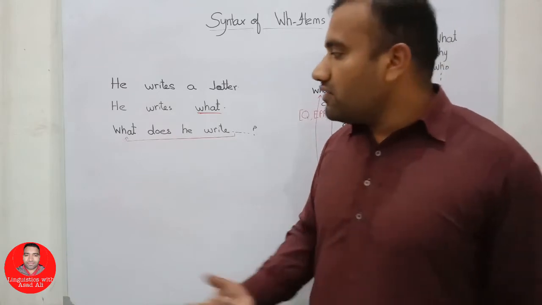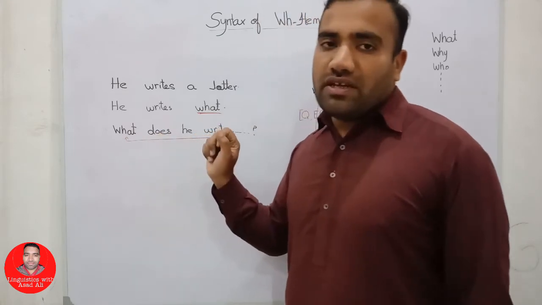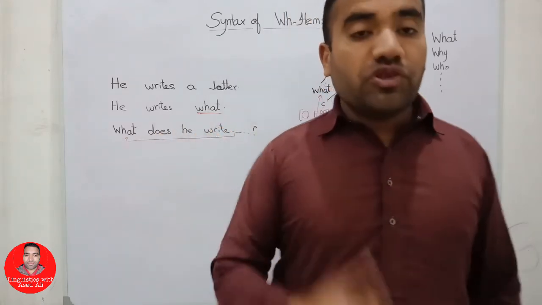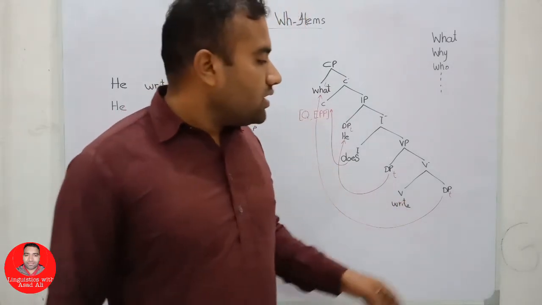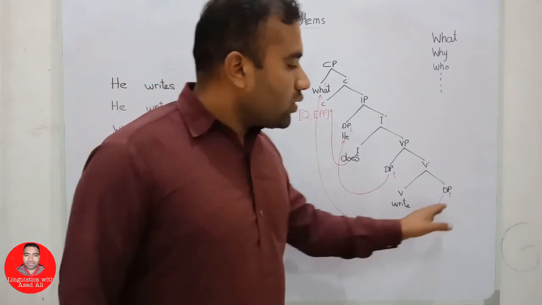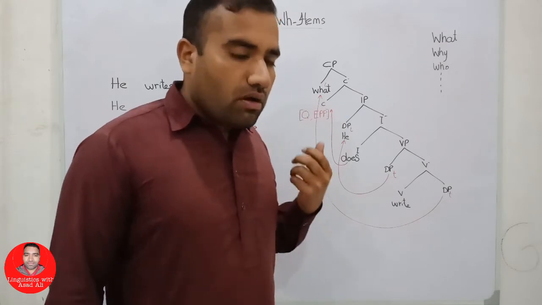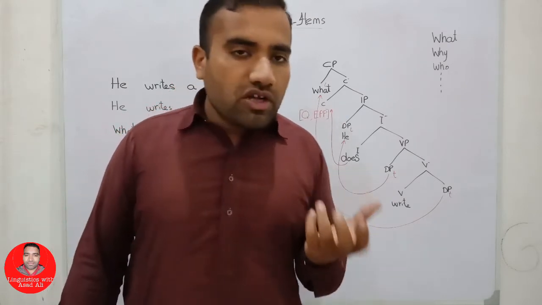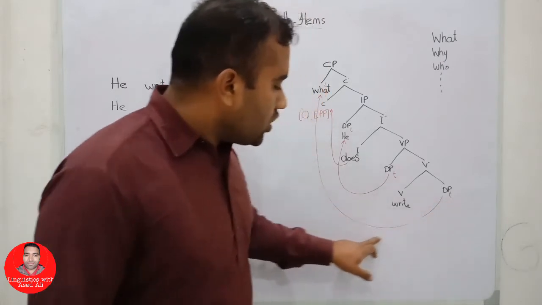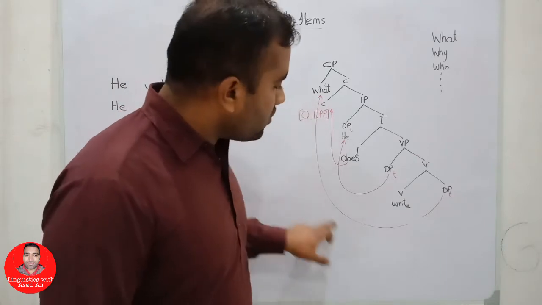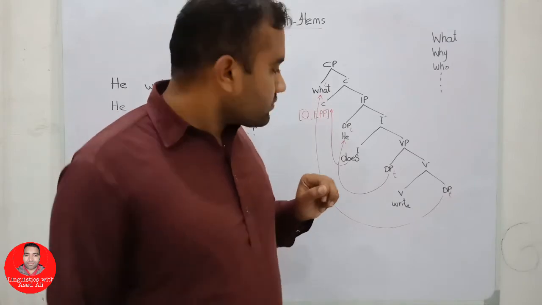The second requirement of this question word is that it takes the auxiliary at the position of head. And if we apply the locality principle in this way, our locality principle has been violated. Our theory is not generating the fully grammatical sentence, because this is a long distance, long movement, and our principle has been violated.